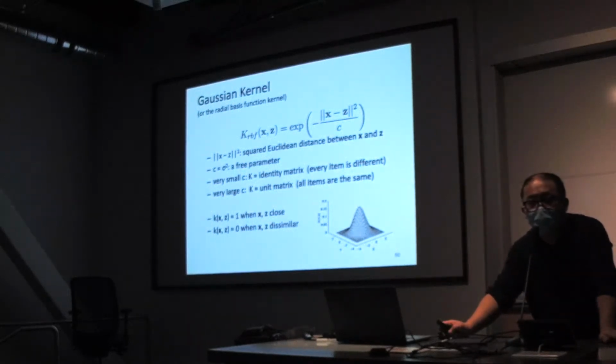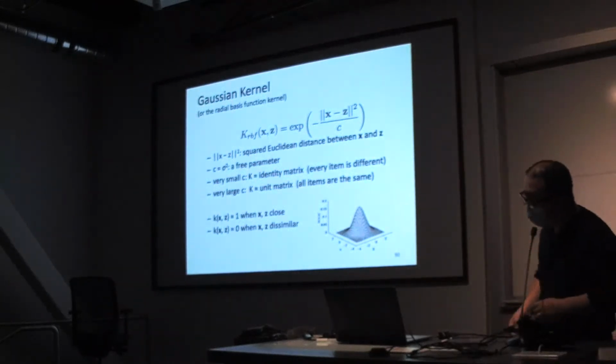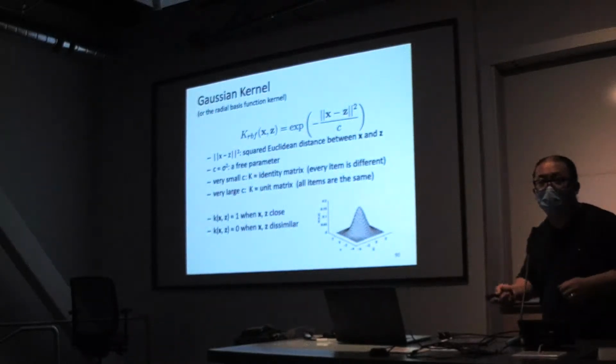Sometimes c is referred to as the length scale. A very small c will make your kernel matrix approximate an identity matrix. A very large c will make it like a unit matrix. You can try to look at why this is.